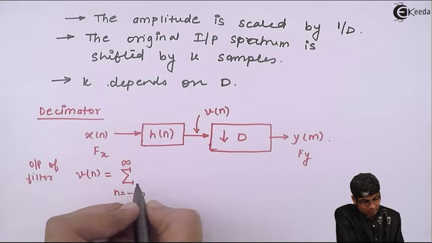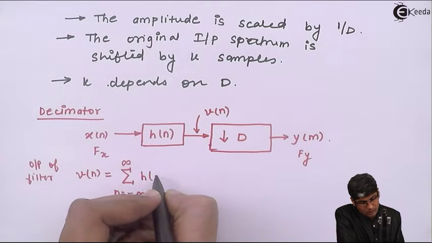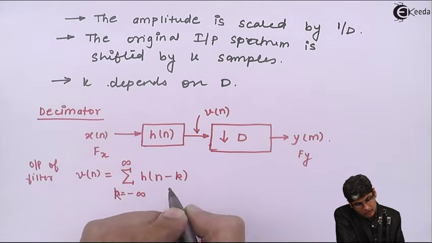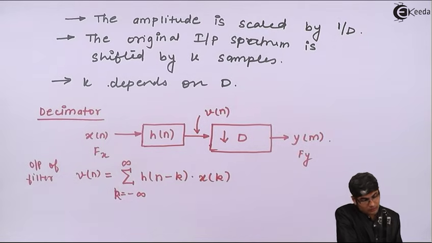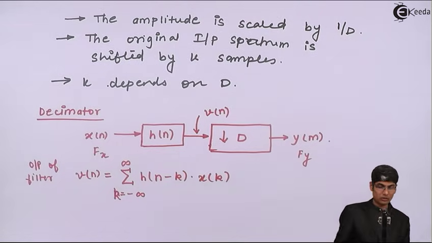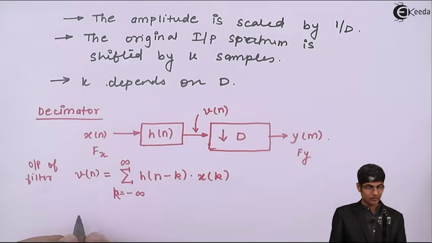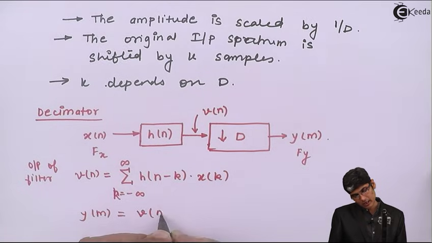Okay. H of n minus k into x of k. This will be my input, v of n, and this v of n is going to be given to y of m. So now my y of m will be equal to v of md.